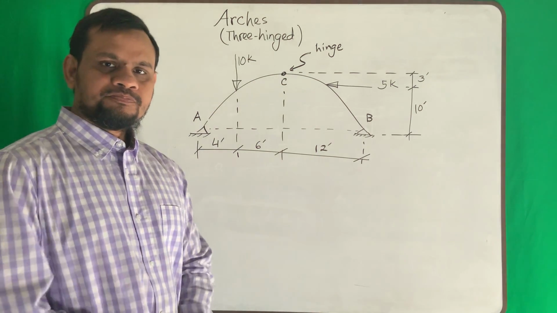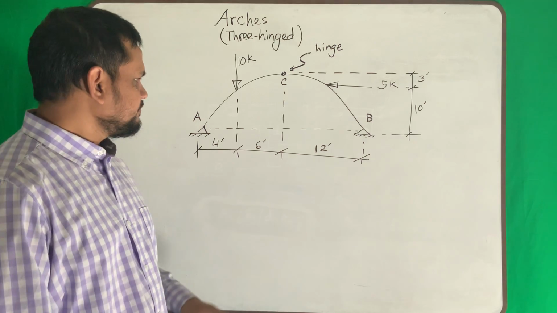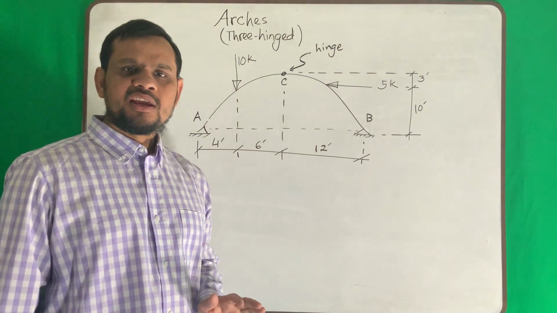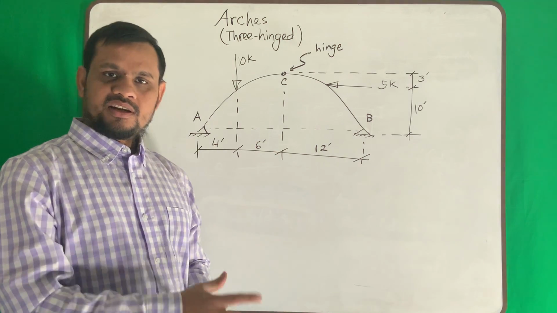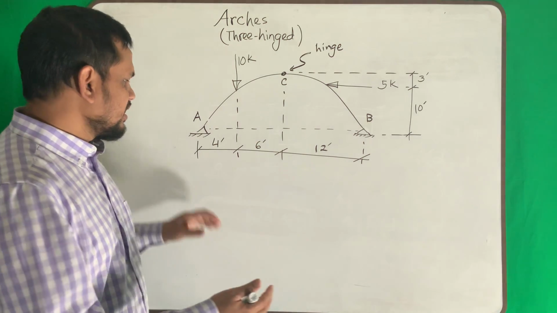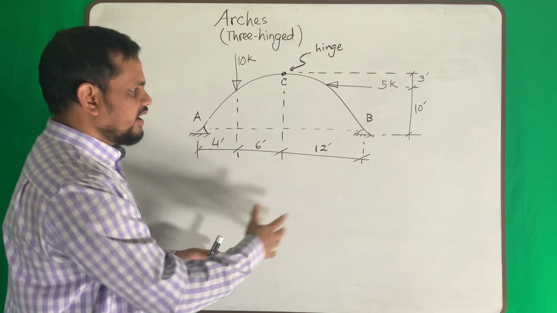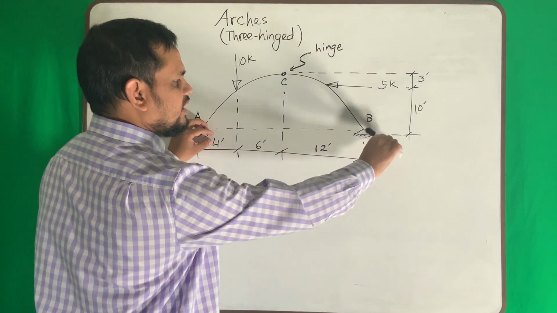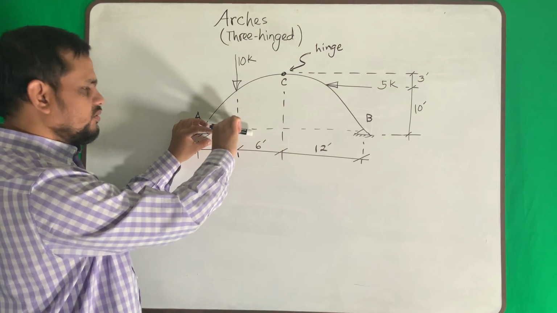So what to do? Step number one, we need to draw the free body diagram of the entire arch. Say if we draw the free body diagram and take moment here, there is one unknown here, the other unknown here, that will go through this point.